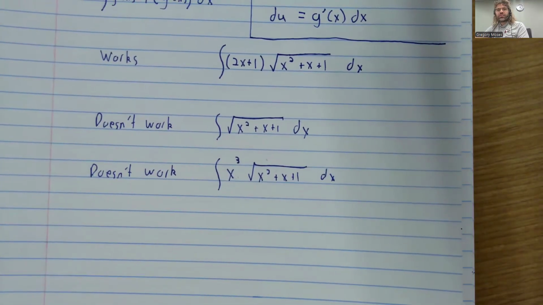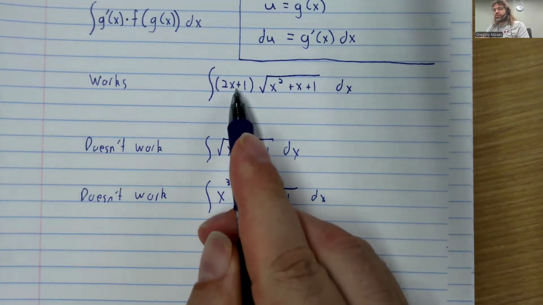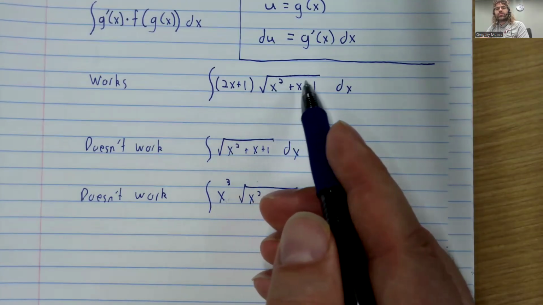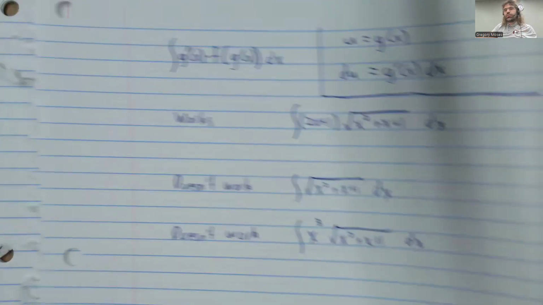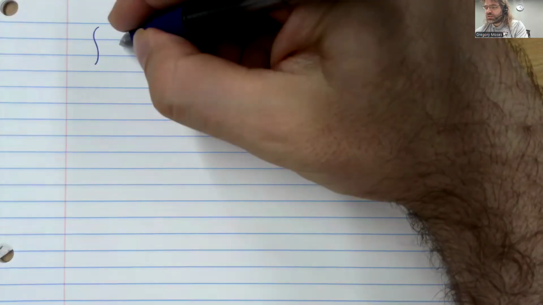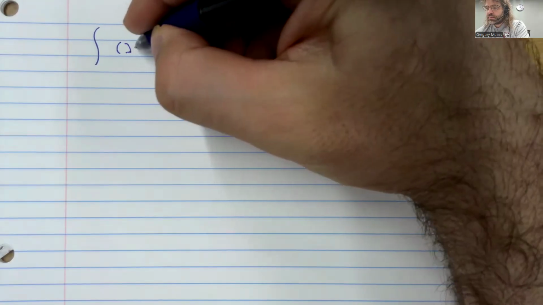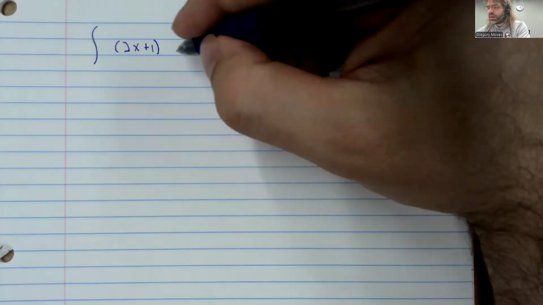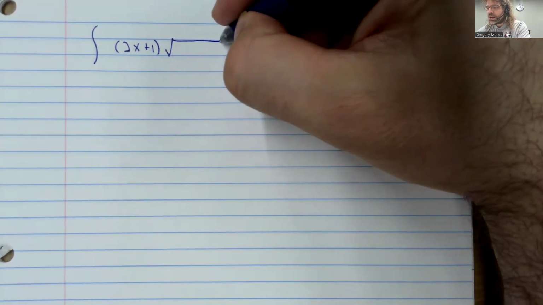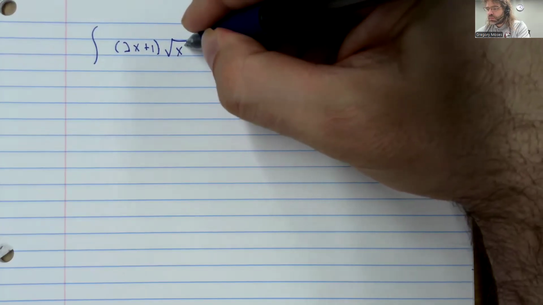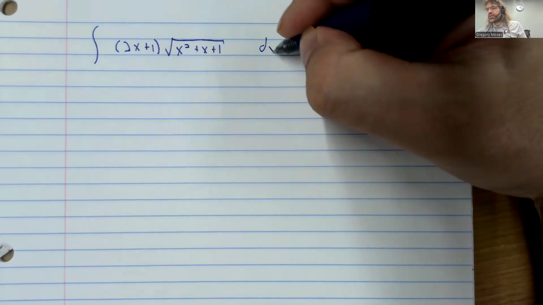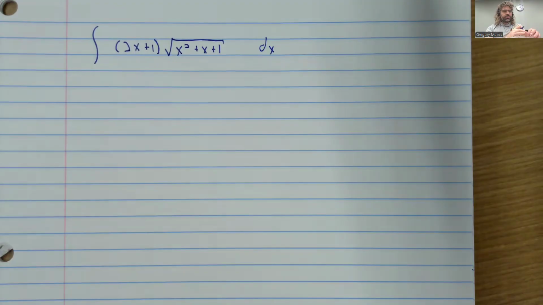I've said that substitution will allow us to tackle the integral of 2x plus 1 times the square root of x squared plus x plus 1. So let's do that. 2x plus 1 times the square root of x squared plus x plus 1 dx.